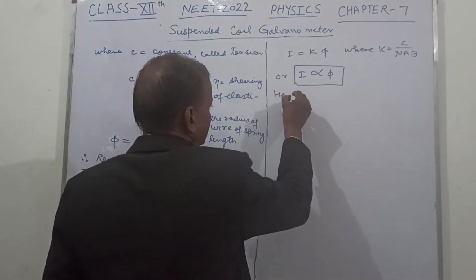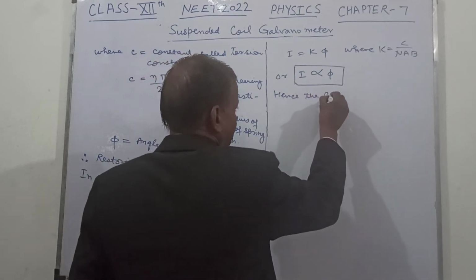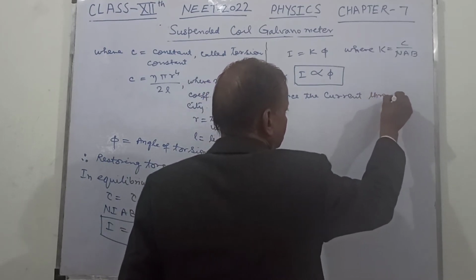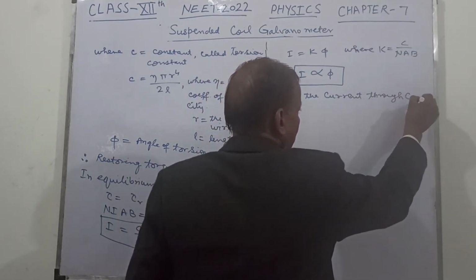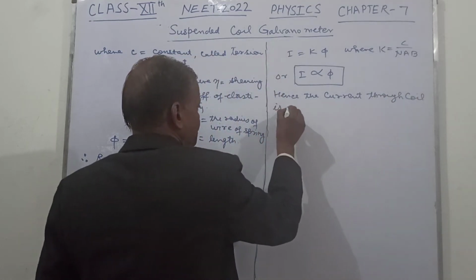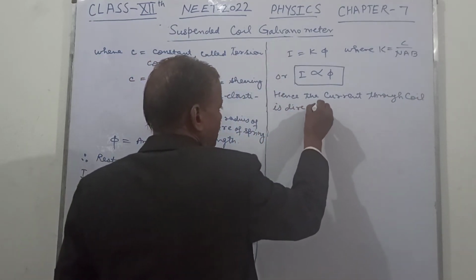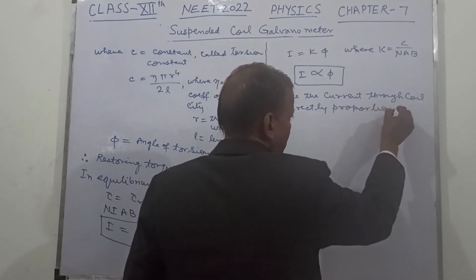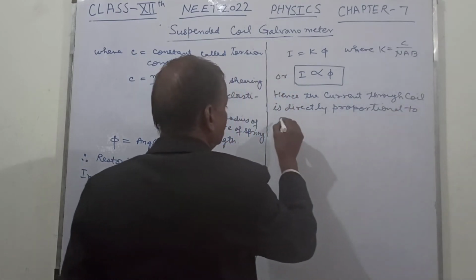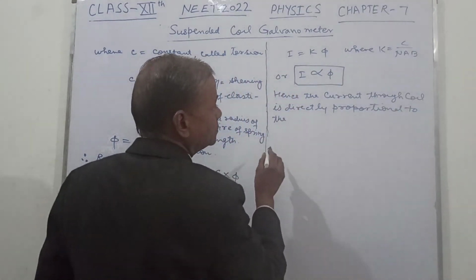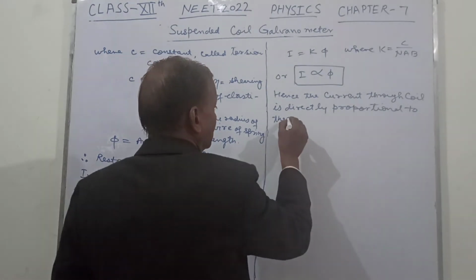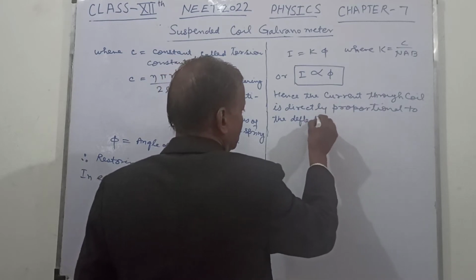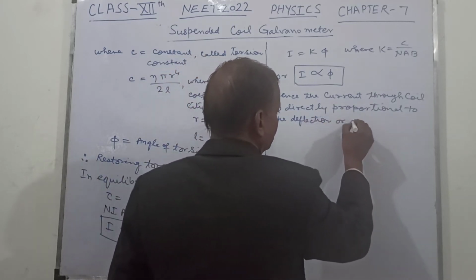Hence, the current through coil is directly proportional to the deflection or angle of torsion.